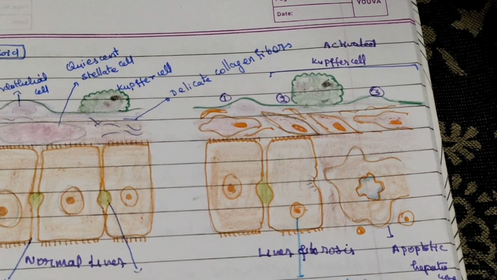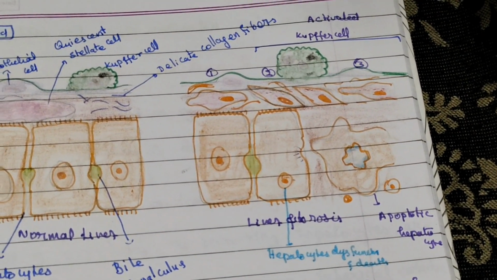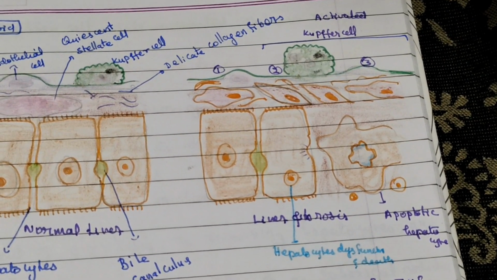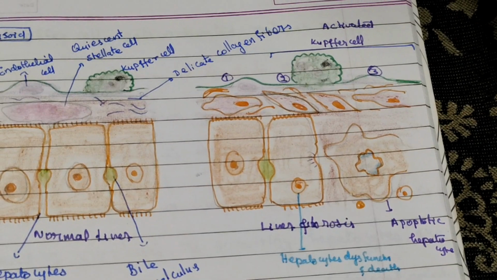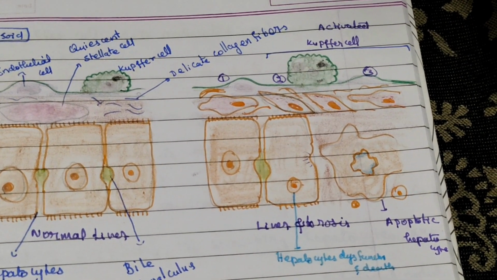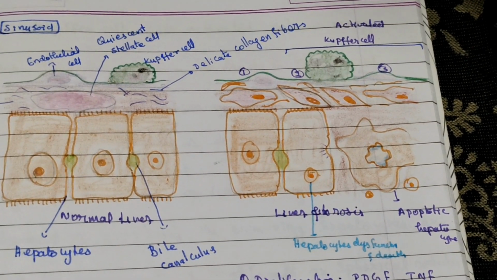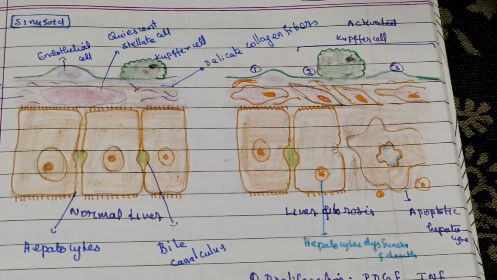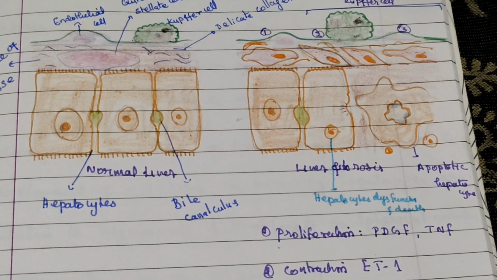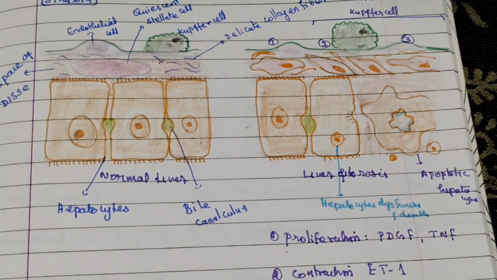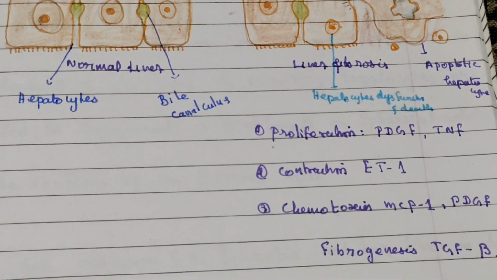There is hepatocyte death, which is going on and on, along with regeneration also taking place. There is activation of stellate cells, which leads to conversion to myofibroblasts. Then fibrogenesis takes place, and Kupffer cells get activated and release many cytokines.